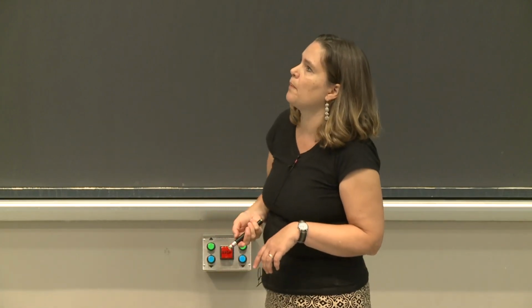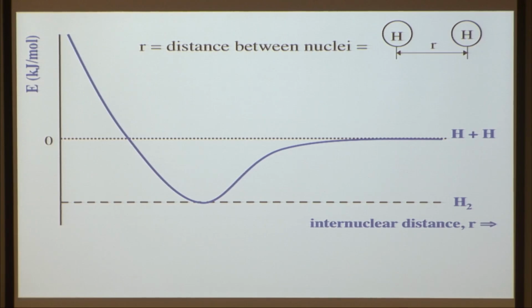So what does this plot look like then if you draw energy versus this distance? Up here, it's above 0 at higher energy. This is unfavorable, going down to this dashed line and then going back up to 0.